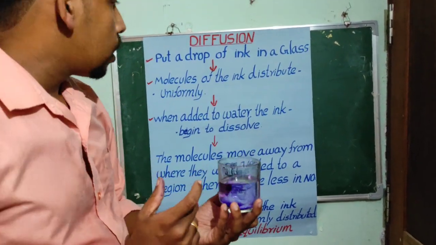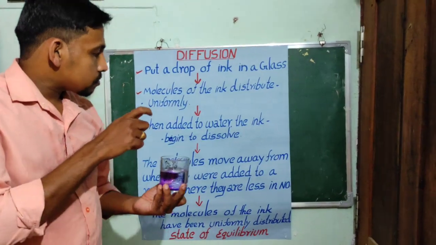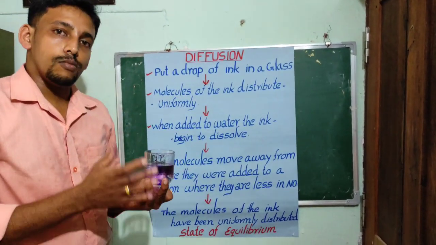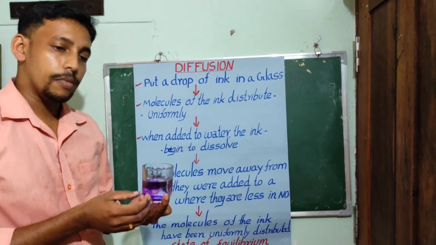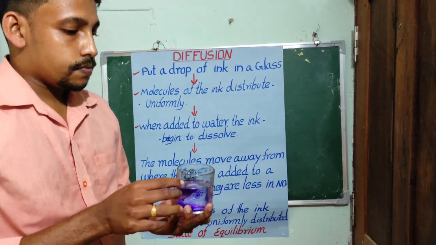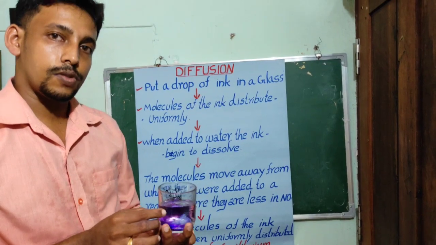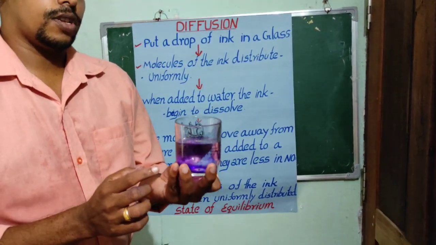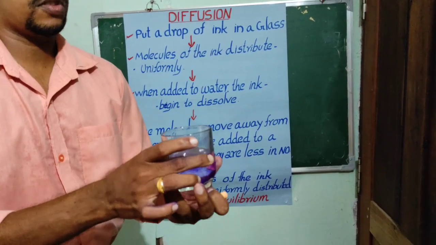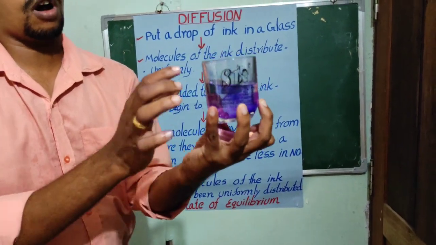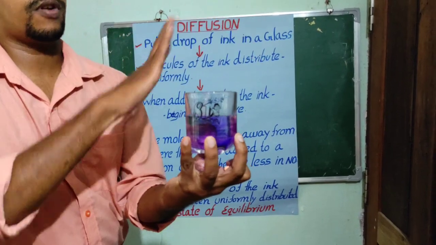That means the movement of molecules of a substance, here the substance is ink, from a region of their higher concentration. Here there was a higher concentration when I added it, and at this time you can see it distributing uniformly throughout the entire glass of water.